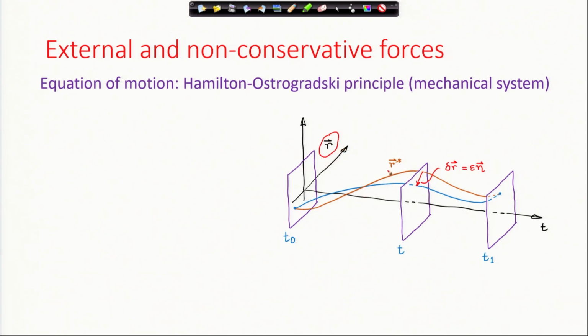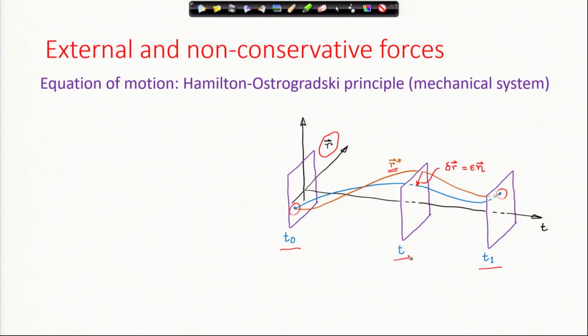The brown path indicated by r star is the optimal path, or the minimizing path, which minimizes the action of the system from T0 to T1. Therefore, when I perturb this path, there cannot be any perturbation at the starting and ending point. These points we have discussed before.